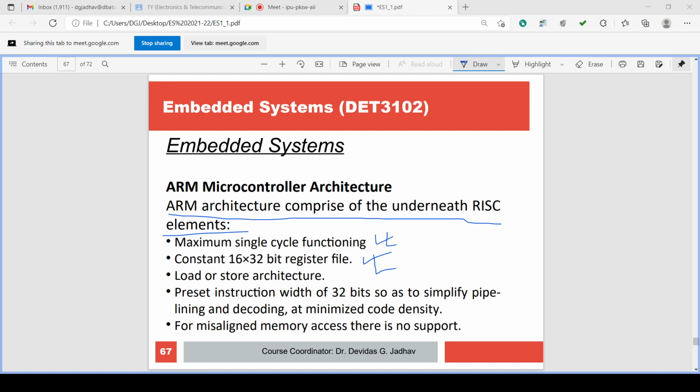RAM is volatile, and that is not constant. So it is a constant 16 by 32-bit register file.